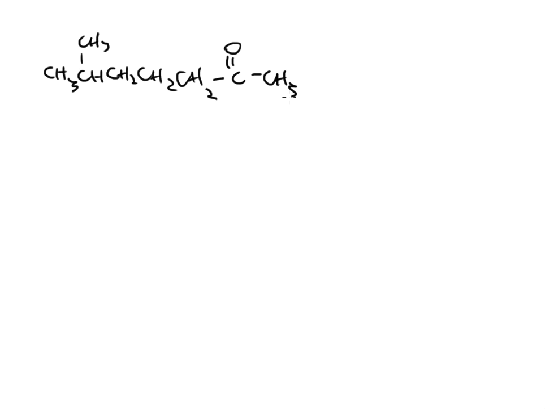Okay, so we'll do IUPAC first. IUPAC first says longest carbon chain, including the functional group. 1, 2, 3, 4, 5, 6, and 7. It looks like there are 7 carbons in total. So a 7-carbon chain is called heptane. Drop the ending, and add O-N-E. Heptanone is what this molecule is called.